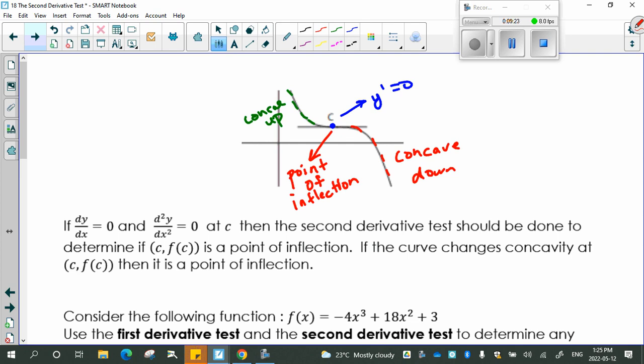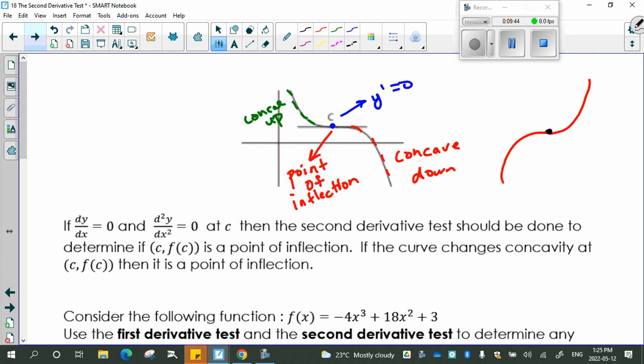Point of inflection, don't see abbreviation, nothing. So you have a point of inflection if you go from concave up to concave down, or if you go from concave down to concave up, that would also be a point of inflection.